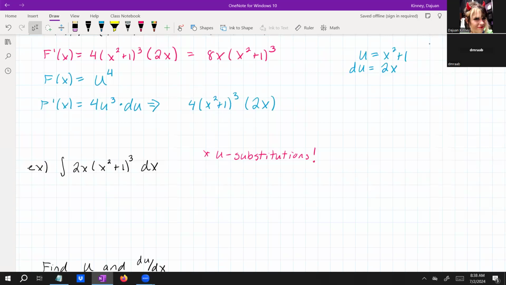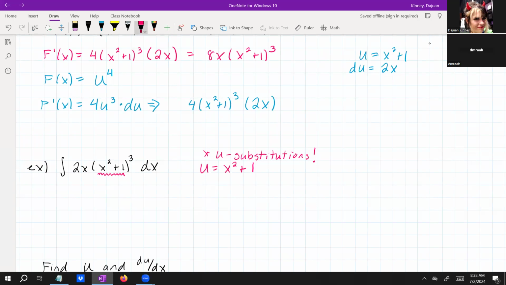And hey, look, it's a very similar problem to what we have above. Not exactly, but close. So I see this is an inside function. And if I were to take the derivative of that, it's just 2x. So I'm going to say u equals x squared plus 1.